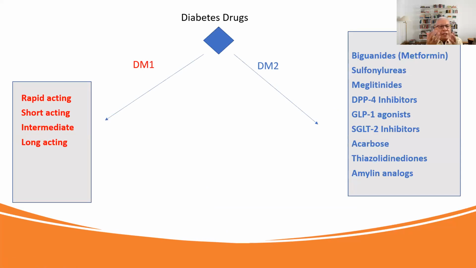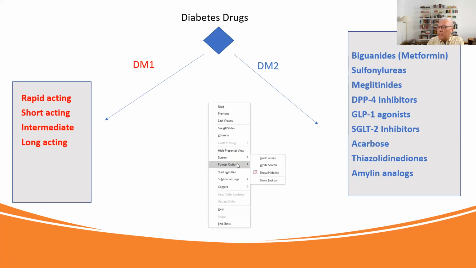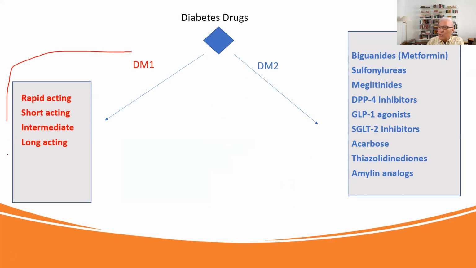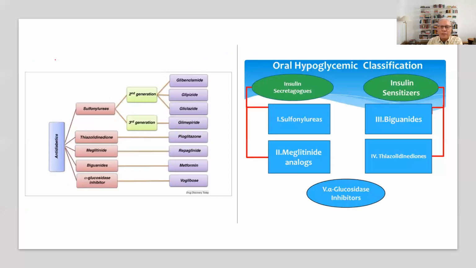Okay, so when we're dealing with drugs, we're talking about drugs to manage diabetes type 1, which we will be discussing tomorrow, not today. And these include your insulins. But today we're going to talk about these medications that are going to treat or manage type 2 diabetes mellitus.